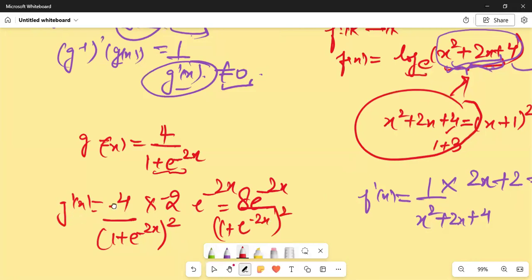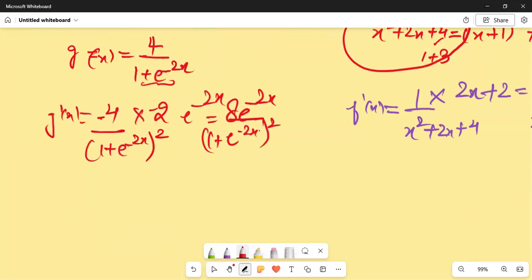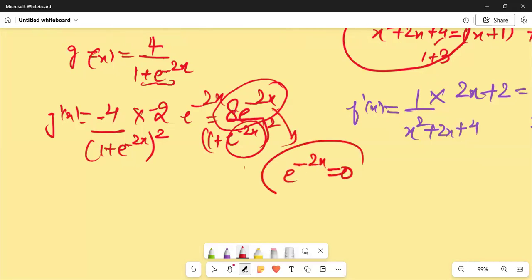Now we can easily see that this function is never going to be 0 because the exponential function is strictly positive. It is positive everywhere. So for this function to be 0, the numerator should be 0. And for the numerator to be 0, this has to be 0 and this is never 0.